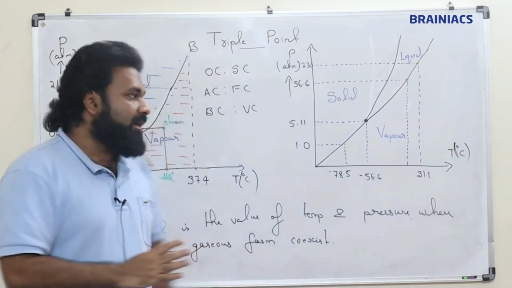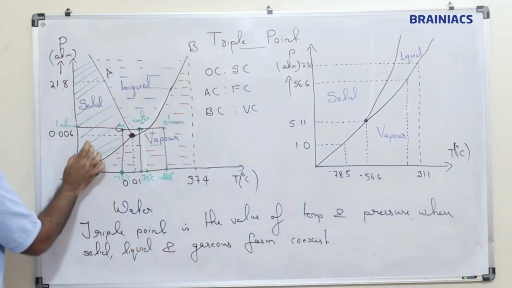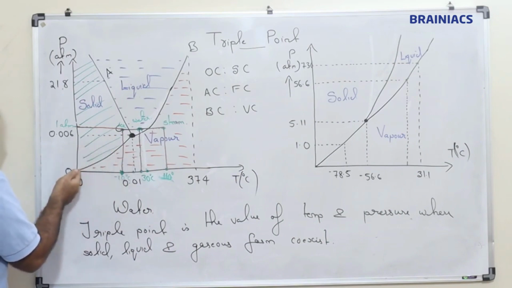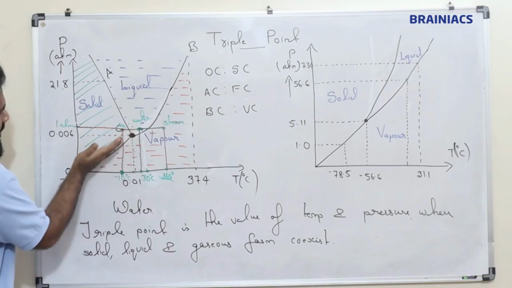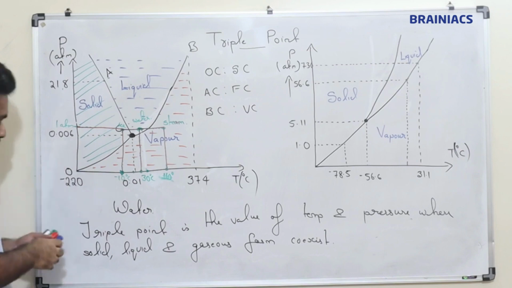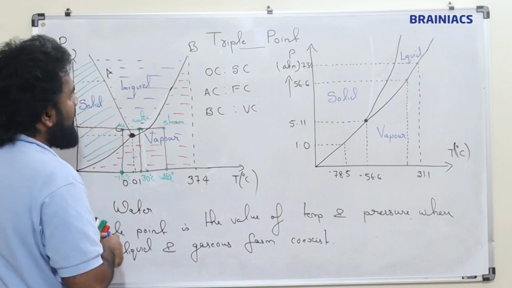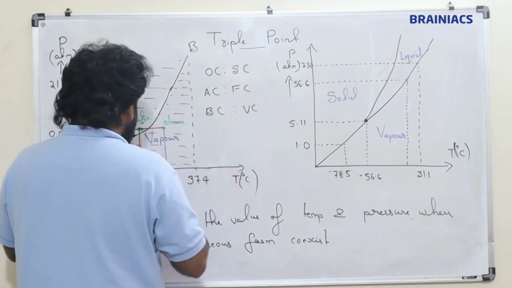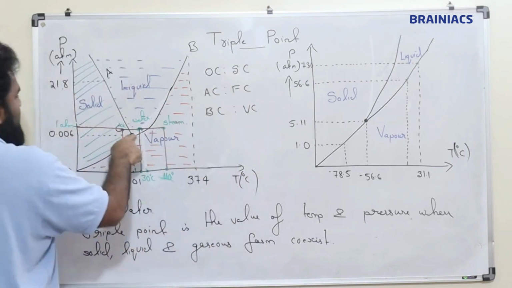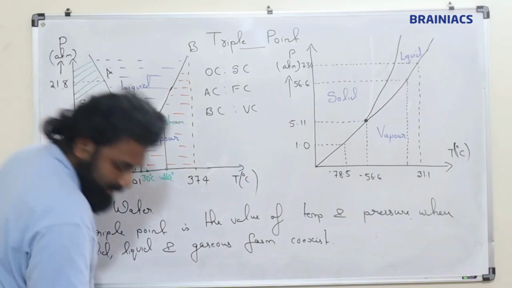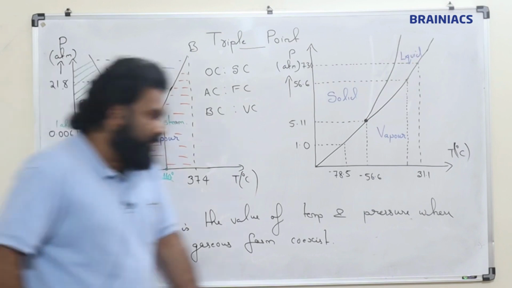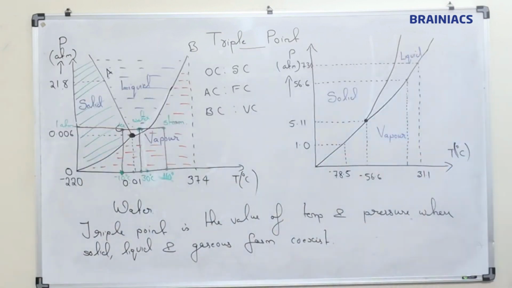So sublimation is nothing but directly from solid to vapor. So this is the line that is differentiating solid form and vapor form. I could say this is the sublimation curve. OC is the sublimation curve.